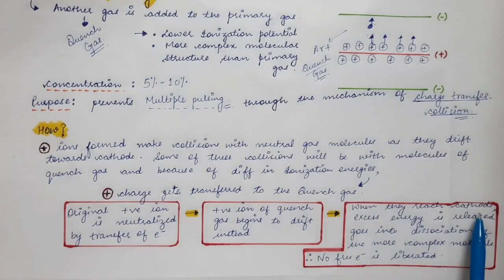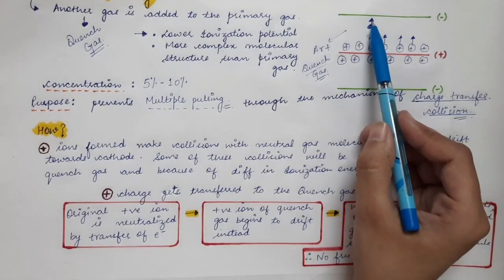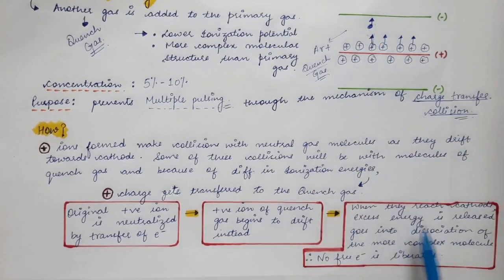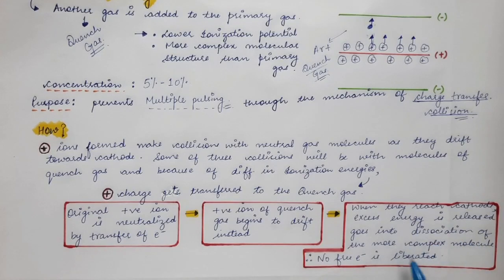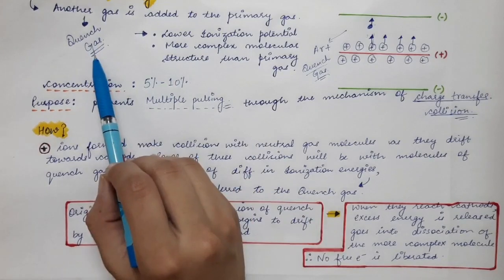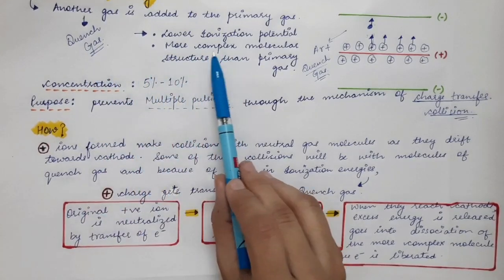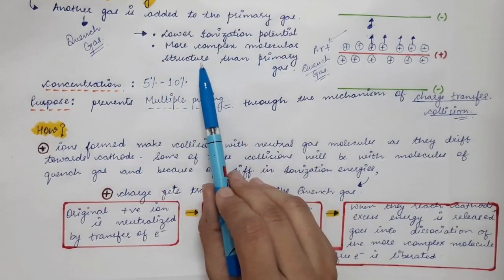When these positive ions of the quench gas reach the cathode, the excess energy goes into dissociation of the complex molecular structure, as we know that the quench gas has a complex molecular structure.